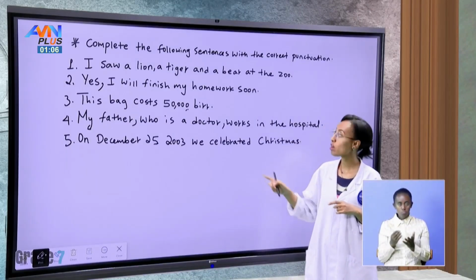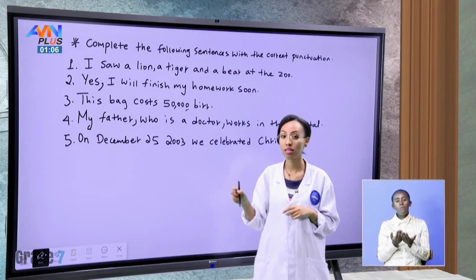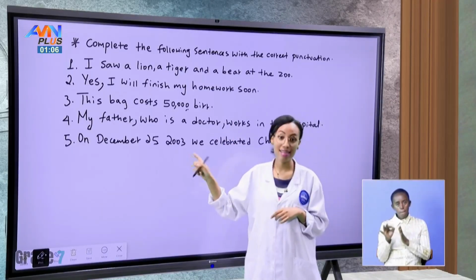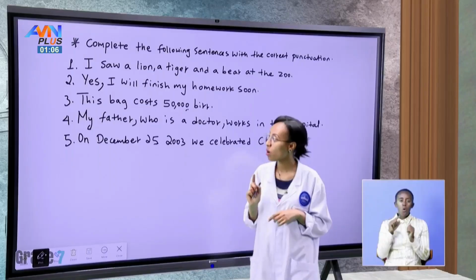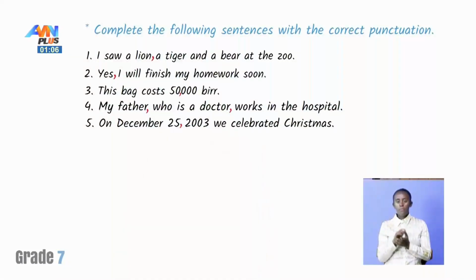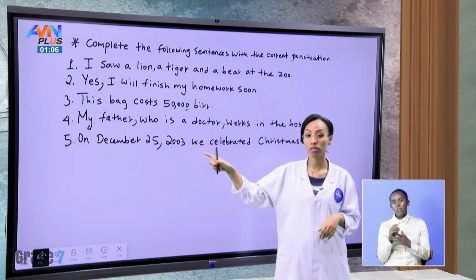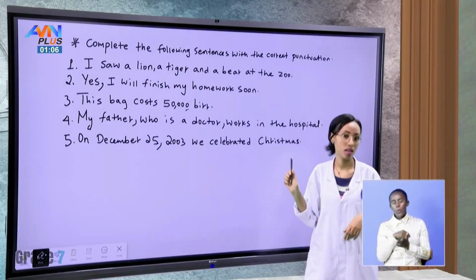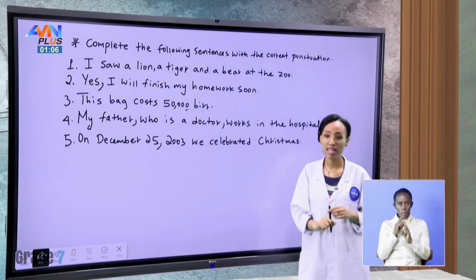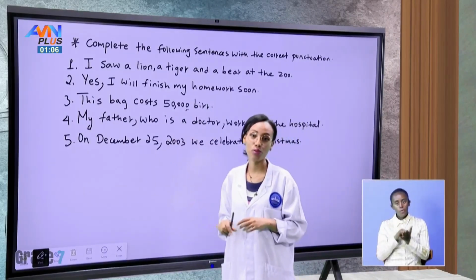That is the case. Earlier, we talked about how we separate numbers and dates with a comma. So on December 25, comma, after the month and the date, we use comma. 2003, we celebrated Christmas.